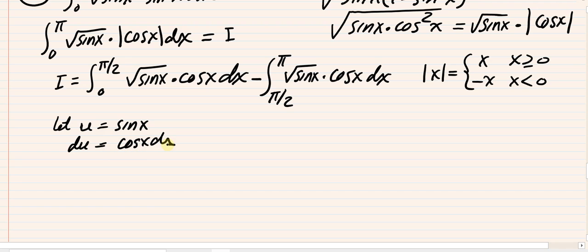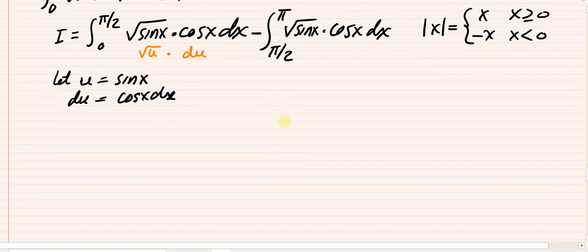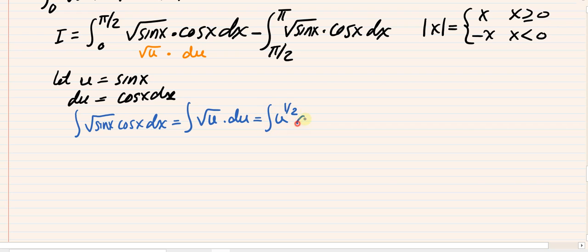Since I have cos x dx here, we see this as the square root of u times du. I'm going to work this as an indefinite integral: the integral of the square root of sine x cosine x dx is just the square root of u du, which is u to the one half du.